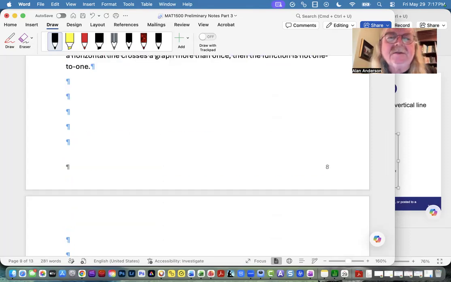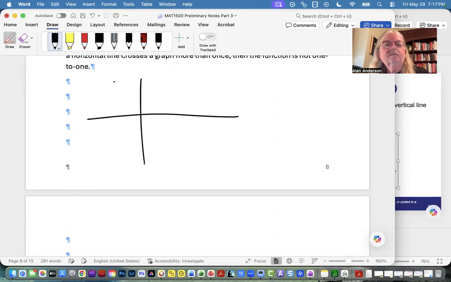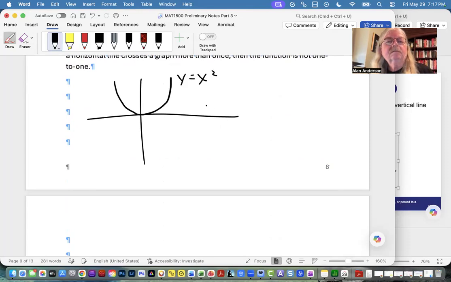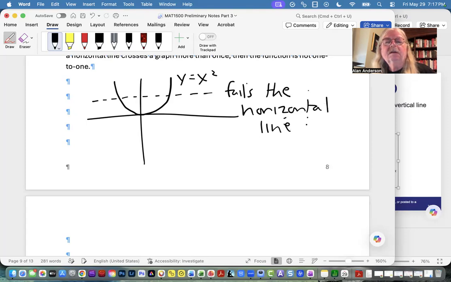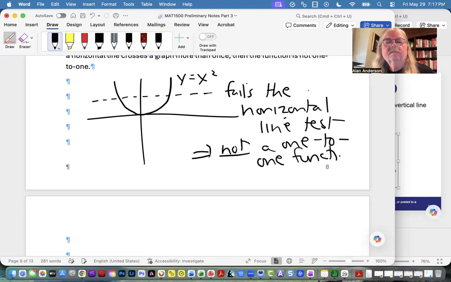Okay, so let me show you a couple of examples. Okay, now y equals x squared is not one-to-one.